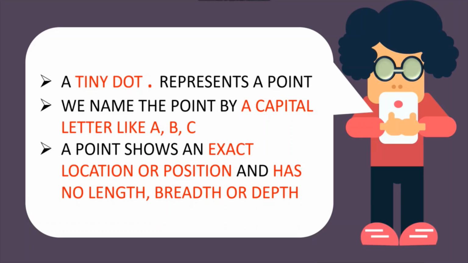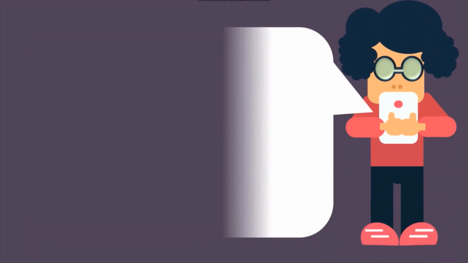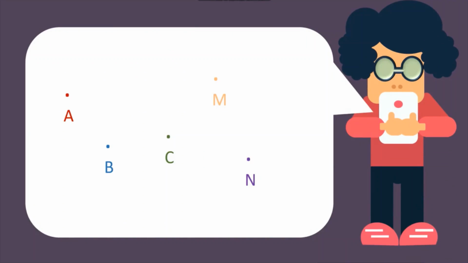That means we cannot measure how long it is, how thick it is or how deep it is. This is all about a point. We see here point A, B, C, M and N.